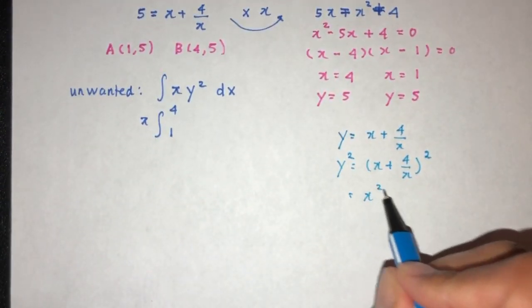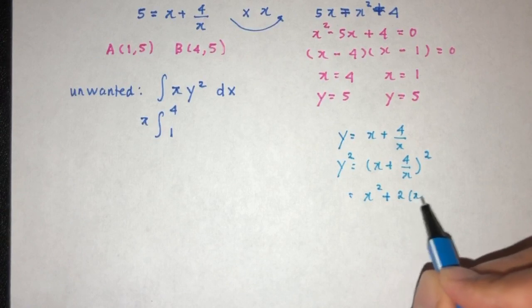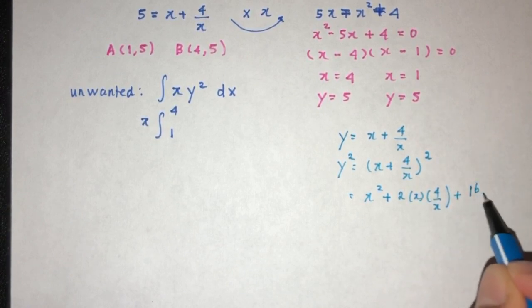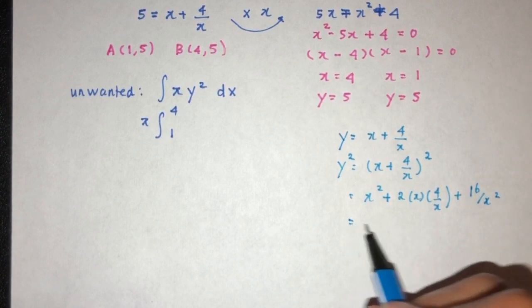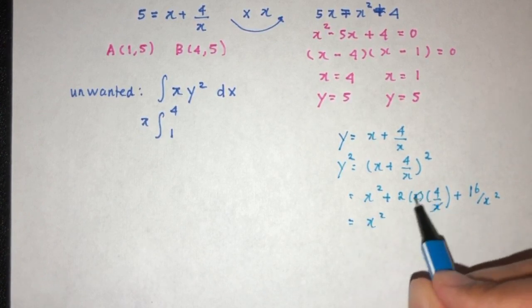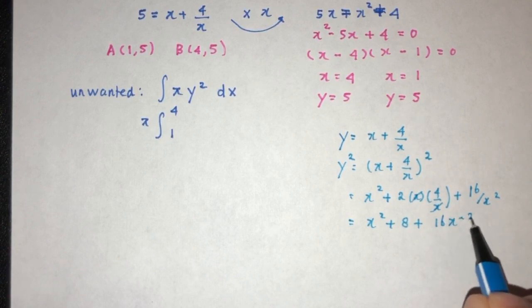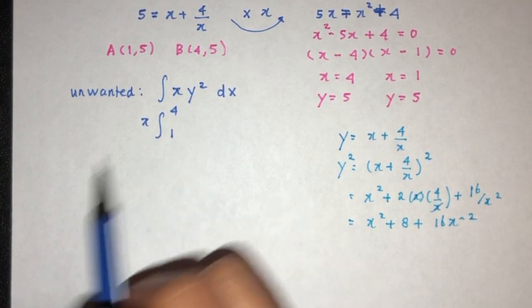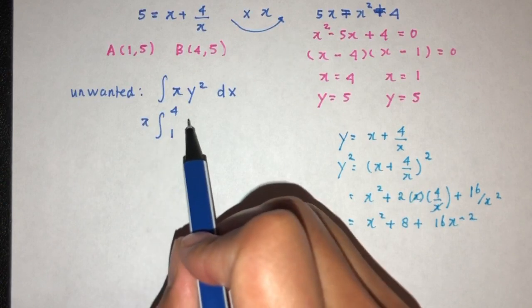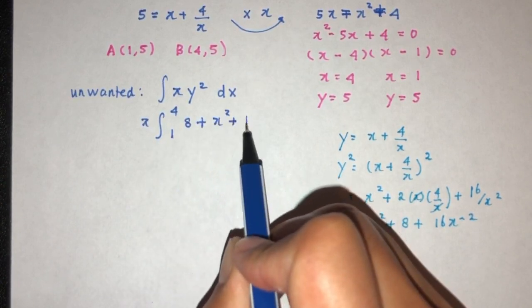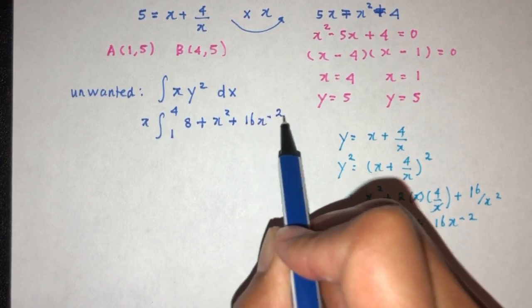That will be x squared plus 2 times x times 4 over x plus 16 over x squared. The x squared cancels out, you'll have plus 8 and plus 16 x to the power minus 2. So here you go. y squared is x squared plus 8 plus 16 x to the power minus 2, dx.